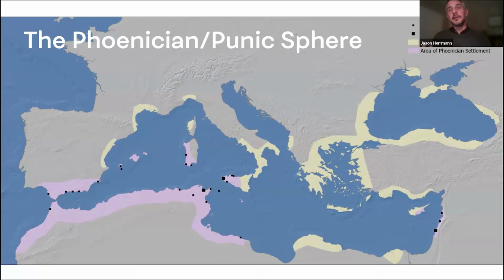These Phoenician people and Punic people coexisted side by side with another great expansion of culture, the Greek culture. So we can see here kind of dividing up the Mediterranean between areas where Phoenicians tended to have established bases and areas where Greek people also had established bases.